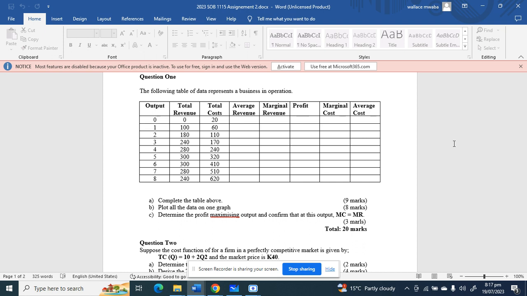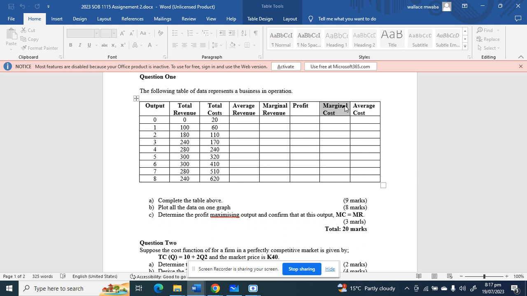Yes, what is marginal cost, colleagues? Okay, in economics, whenever you hear the word marginal, it just means addition. So this is the additional cost you incur whenever you produce one more unit, right?